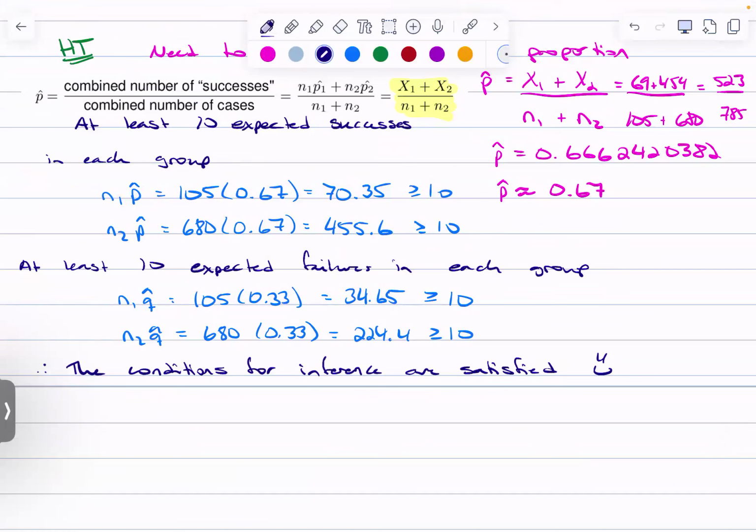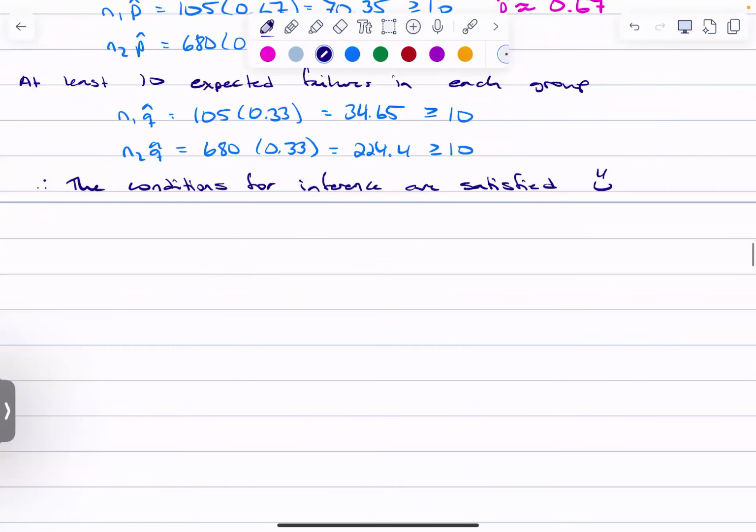Let's start with a confidence interval. Now we're going to build a confidence interval for the difference in the proportions. And so the question might be something like this: construct, should we let loose and make a 90% confidence interval?